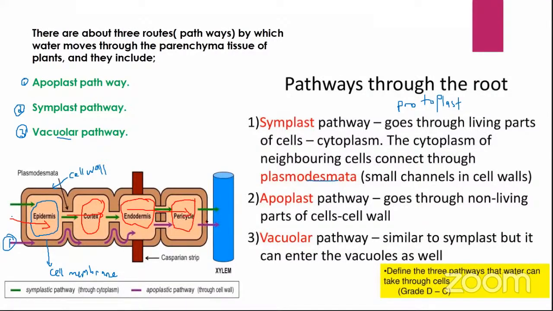And you can see that here you have the Casparian strip, which I'll talk much more about in the next lesson. The arrangement still stands from the epidermis, then the cortex cells, and then the endodermis, and then the pericycle. That is always the route through which this water is going to continuously move.